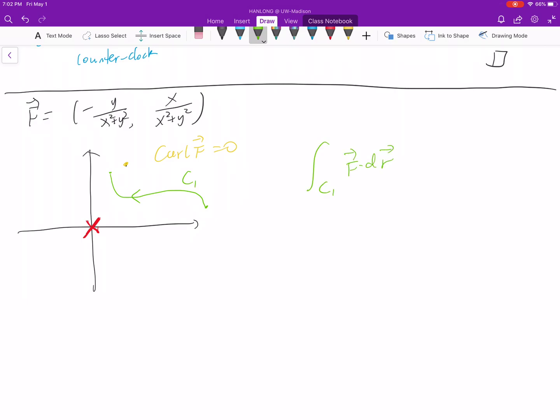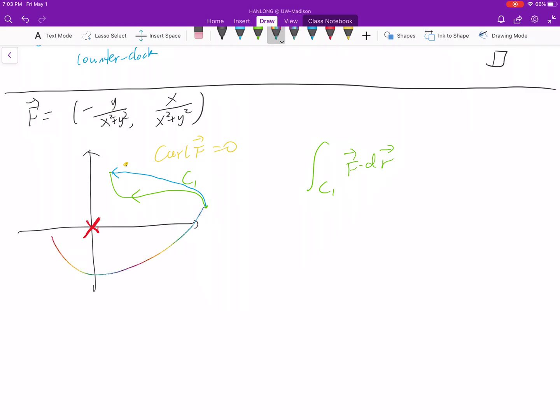You might have a different answer than 2 pi. But then you can deform it a little bit. For example, you can deform it to this. I don't know if it's easy to compute, but you have a lot of choice.